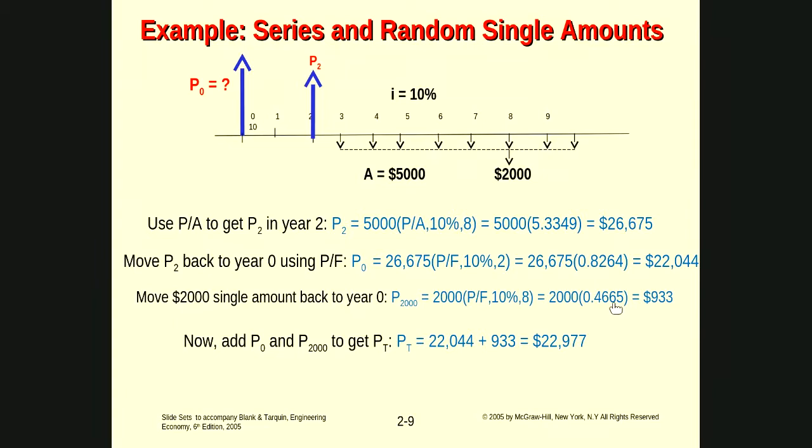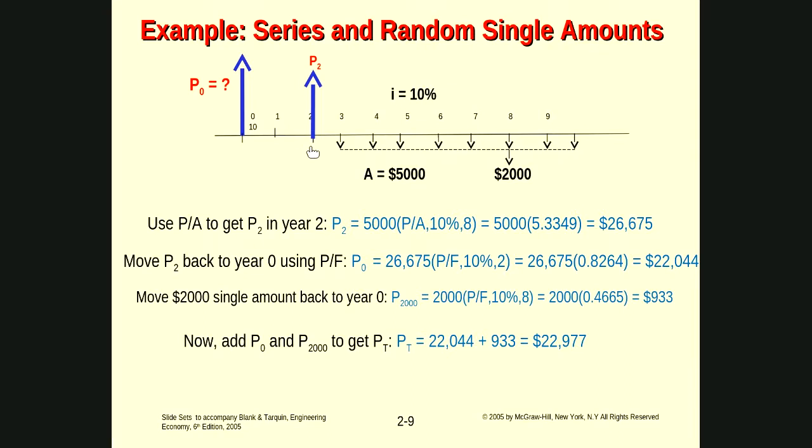Of course, this 9 has to be converted to year 2. How many years? 1, 2, 3, 4, 5, 6. So instead of 8, you will put 6 here. You convert the 2000 to year 2, and P2 will be used as is, and then you add them all together. But the question asks you to find them at P0.